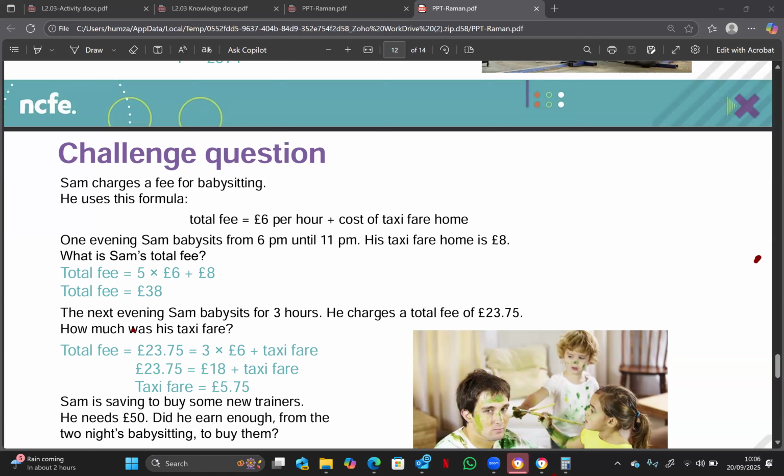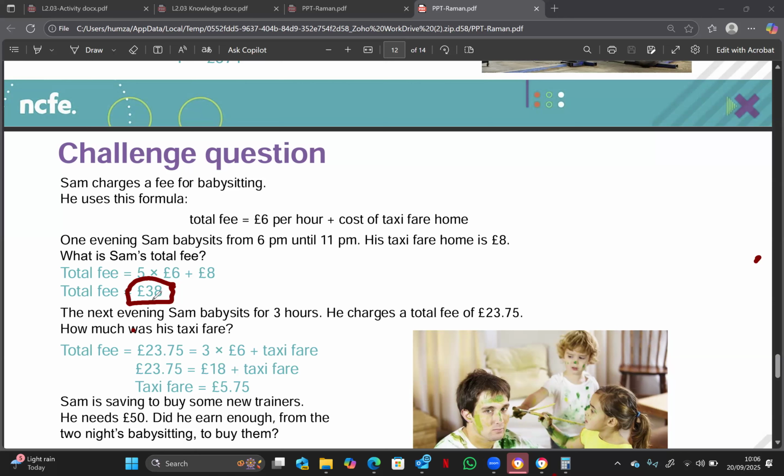So how much did he earn per night? I think the answers you worked out tell you that. Remember, look here. What does it say here? £38. He didn't earn 38.